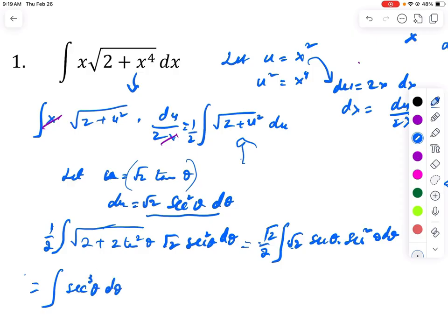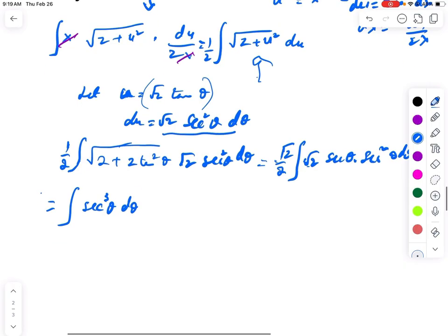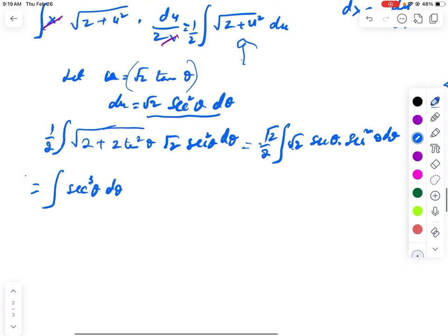So how do we now find the integral of secant cubed theta? Well, this boils down to finding the integral of secant theta in one way, because we can now write it as the integral of secant theta times secant squared theta, going back to the previous step.